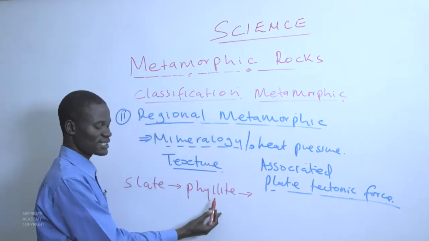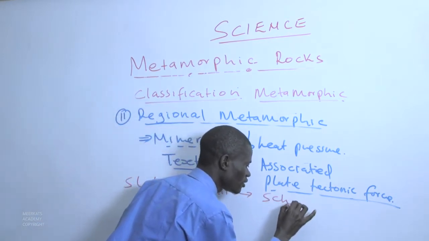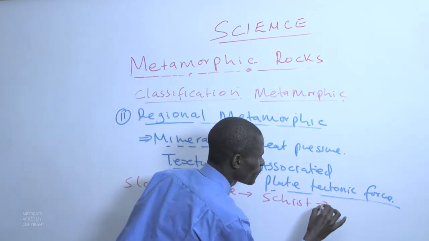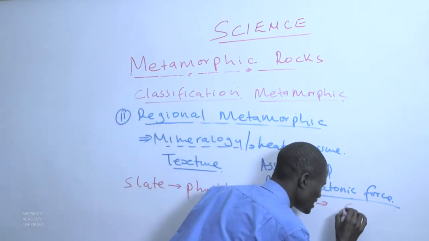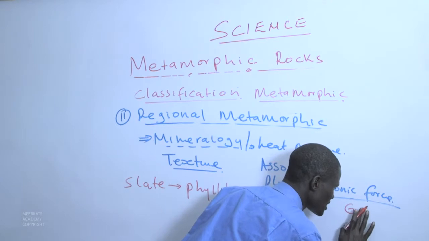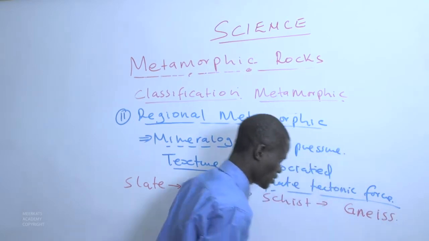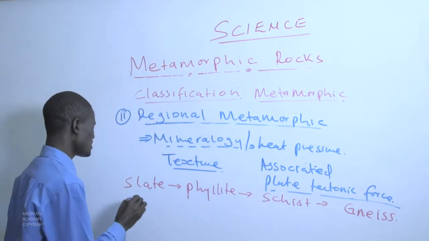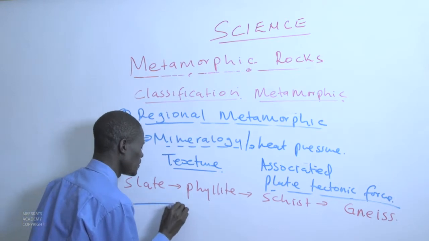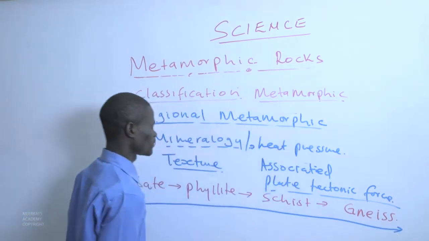And then when the texture of the phyllite changes, it will lead to the formation of the schist. And when the texture of schist changes, it results in the formation of a metamorphic rock known as gneiss, and this one is happening over a wide range.